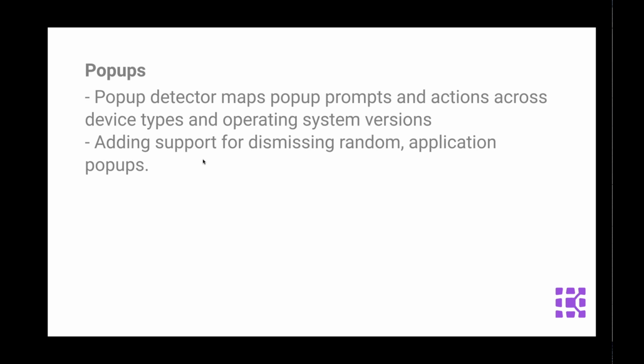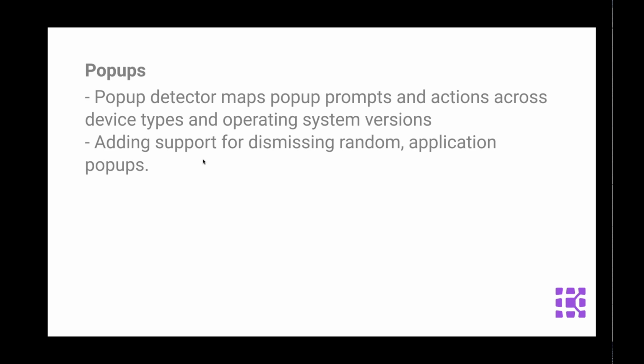And then pop-ups. I'm going to close this off with pop-ups because I keep talking about it, but we have a Popup Detector that maps pop-up prompts and actions across different device types and operating system versions. So if it's the Wingman app would like to access, or the Vroom app would like to access your location, in some versions of operating systems the response is accept, in others it's okay, in others it's once or the first time.